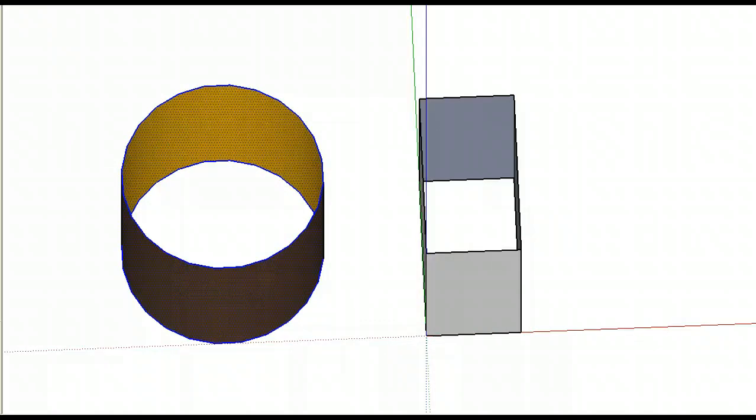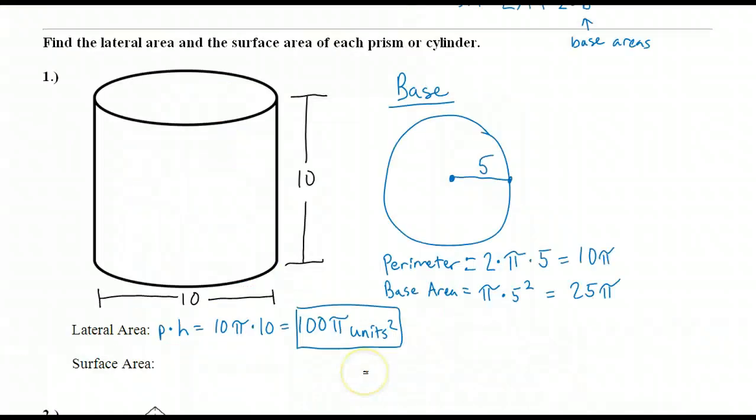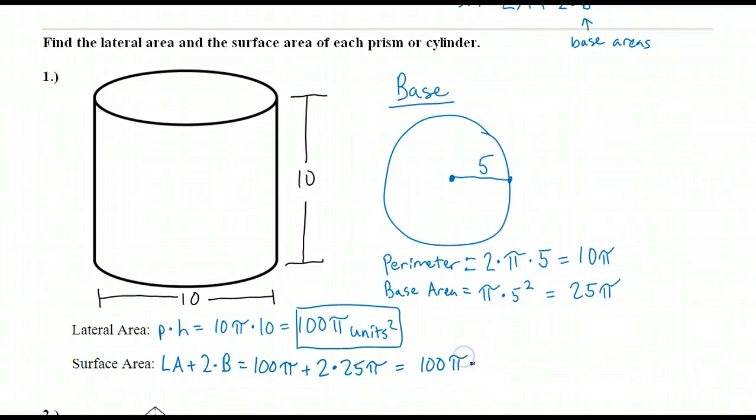To find the surface area, I'm going to take my lateral area and add in 2 base areas. I'm going to add in the top and the bottom. So I'm going to take 100 pi and add 2 times 25 pi, which simplifies down to 100 pi plus 50 pi.